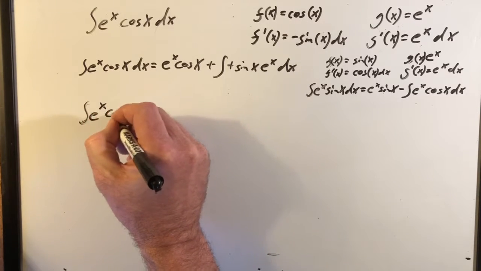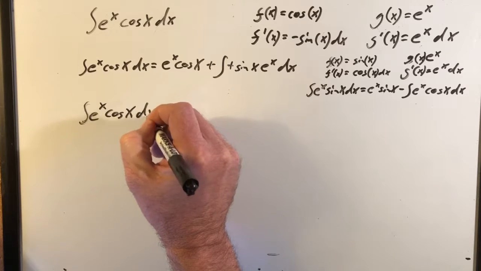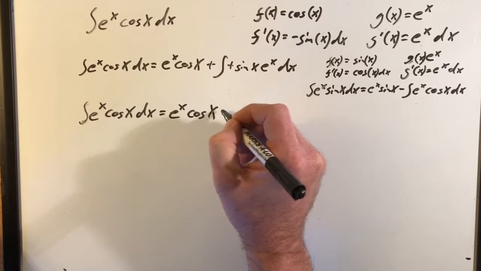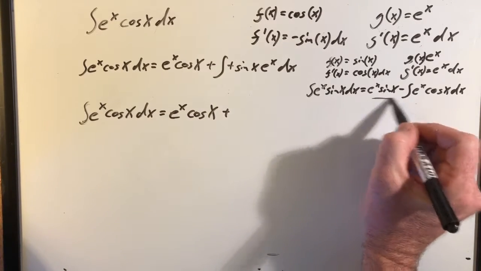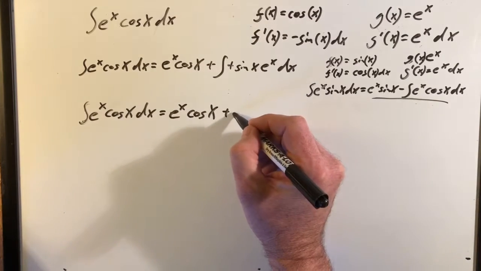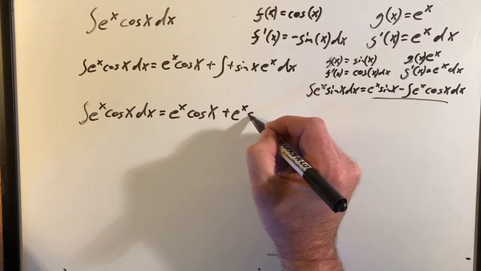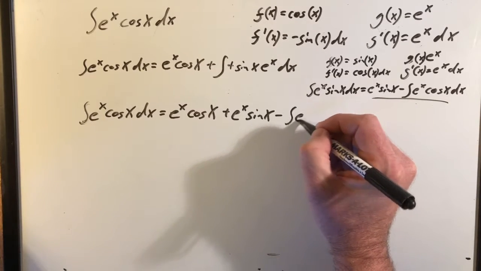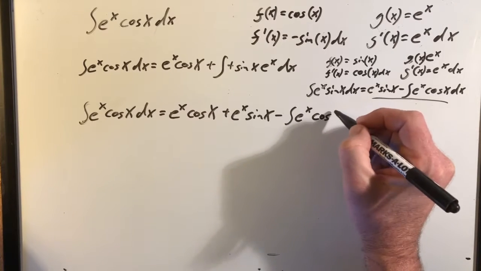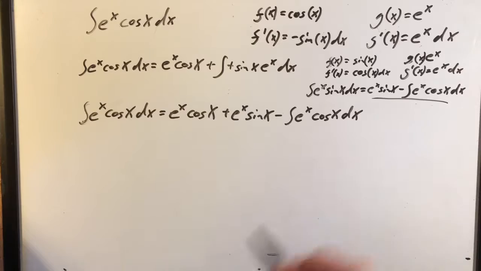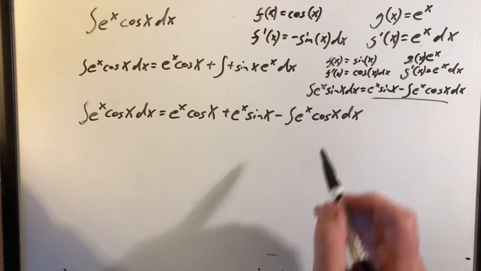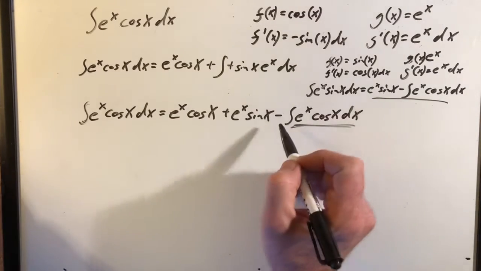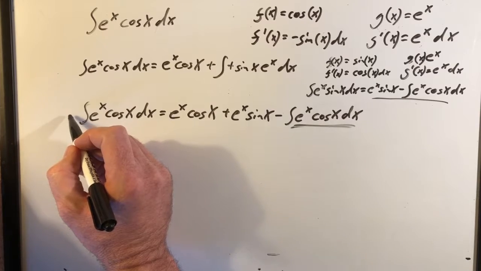So the integral of e to the x cosine x dx equals e to the x cosine x plus what I just found out right here, so that is e to the x sine x minus the integral of e to the x cosine x dx. And what you'll notice is I'm exactly back where we started. And so the great thing is the sign on this is negative, the sign on this side of the equal sign is positive.